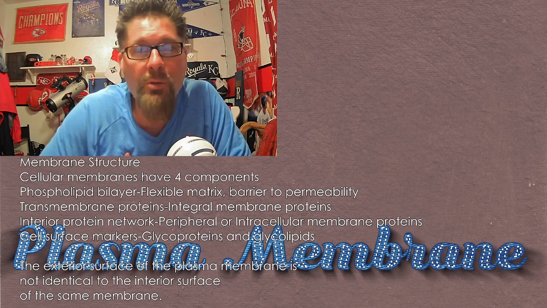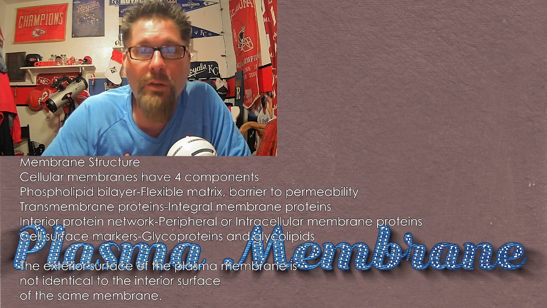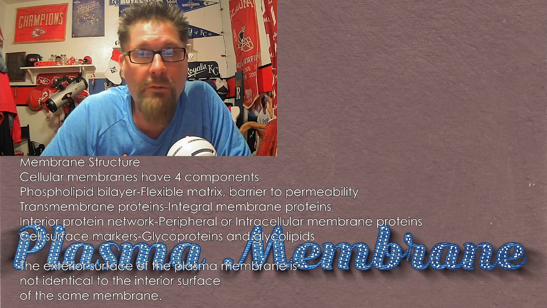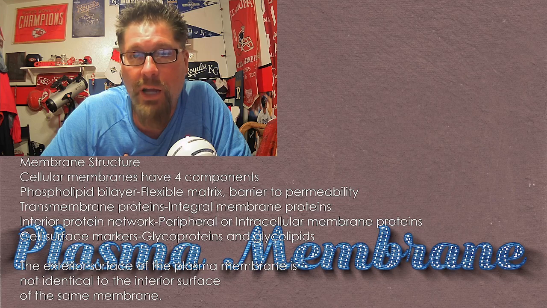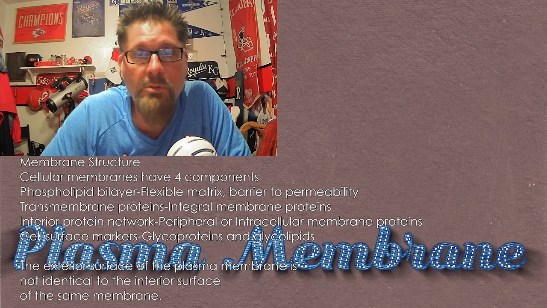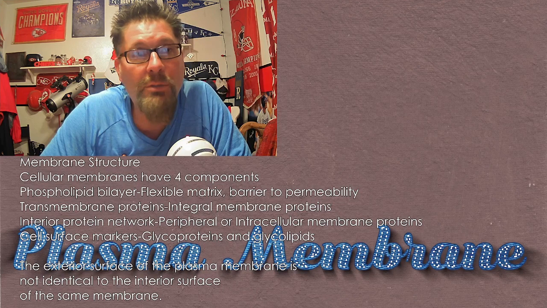But you could have proteins that span the entire width of the membrane. You could have surface proteins. You can have proteins on the inside for things that need to get out. Just the thing to recognize, it's super flexible, super fluid, nothing as far as going through, but it's also not symmetrical.